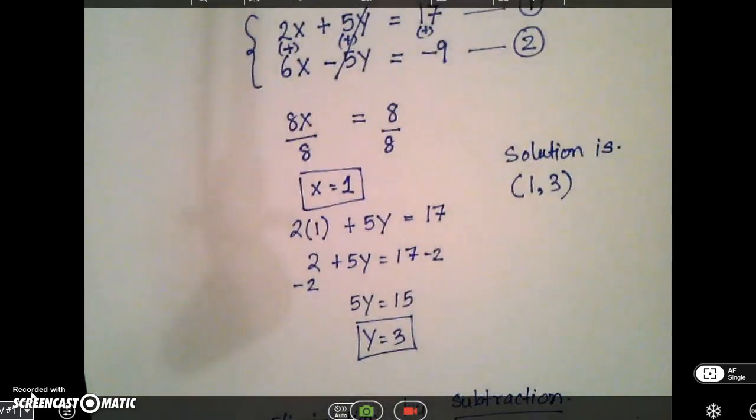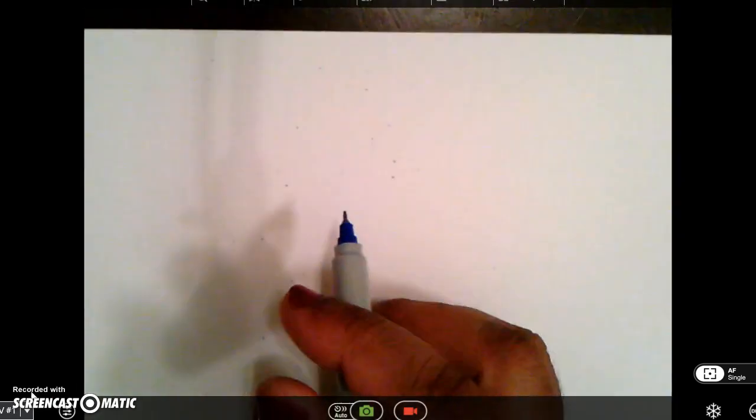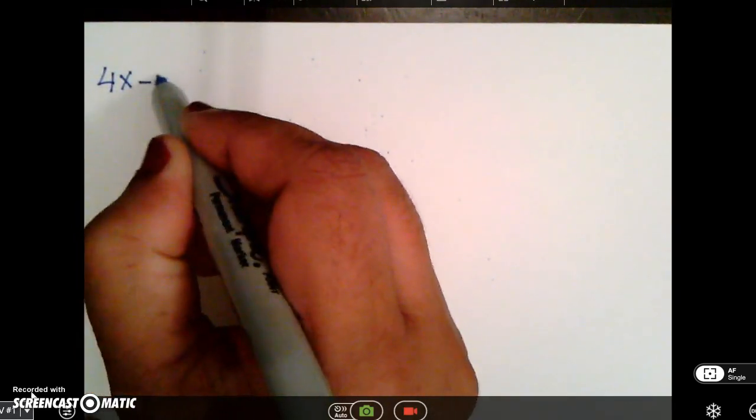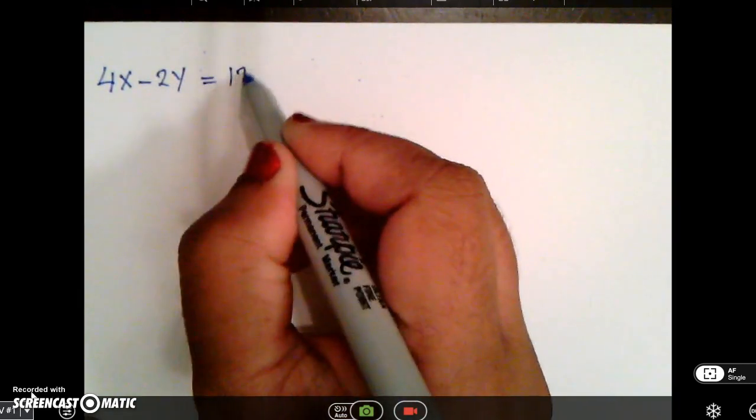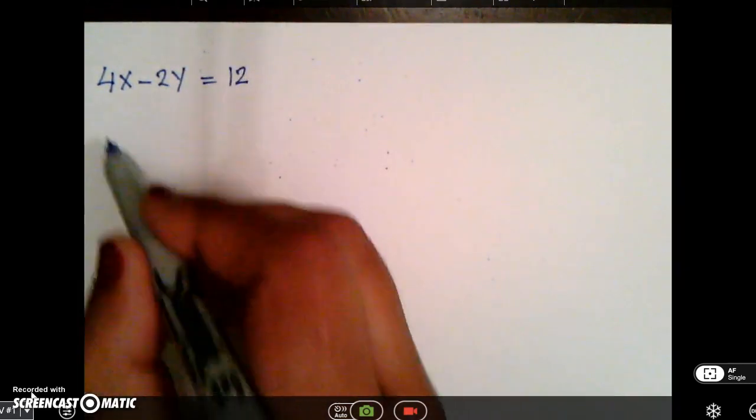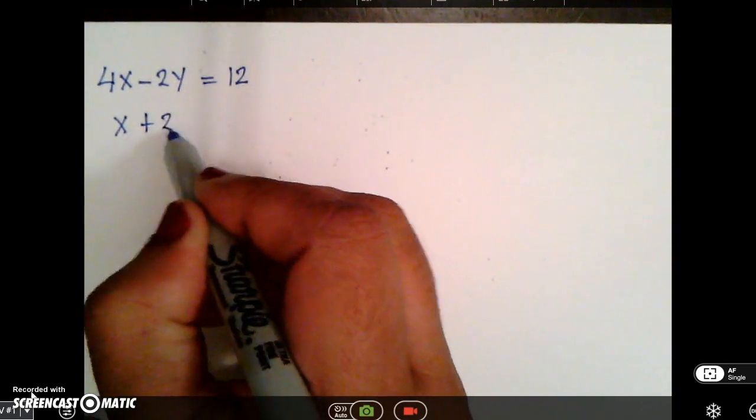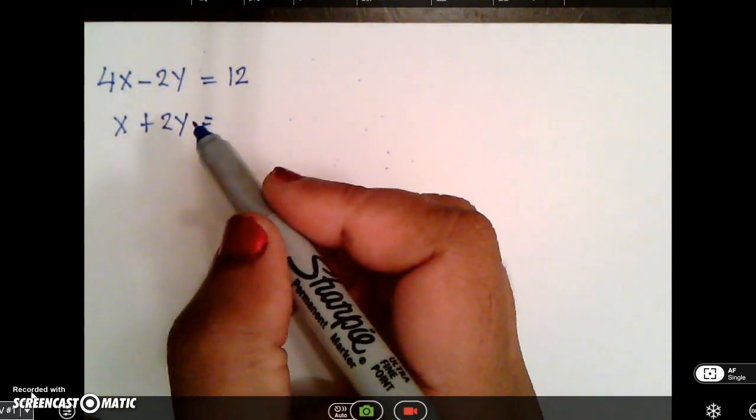Here is a device that you can use to remember when to add two equations and when to subtract two equations. Let's say I have these two equations, 4x minus 2y equal to 12, x plus 2y equal to 8.